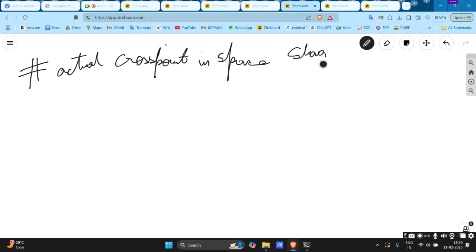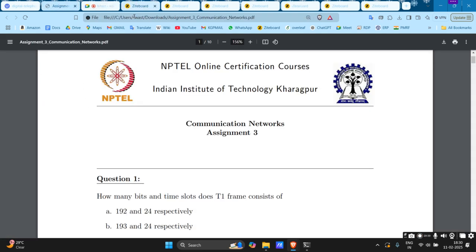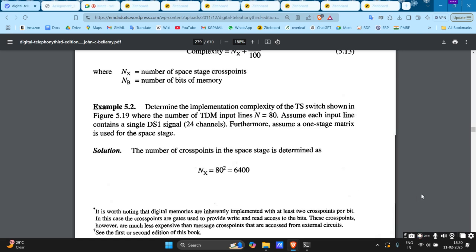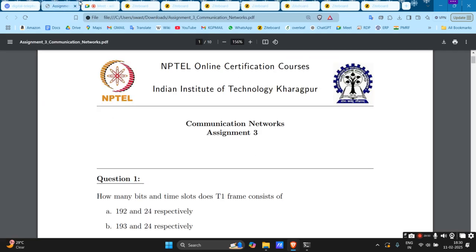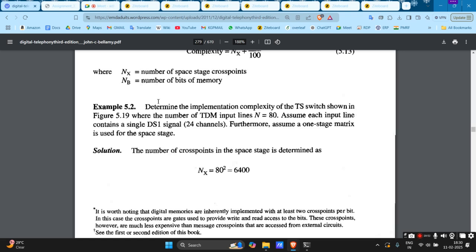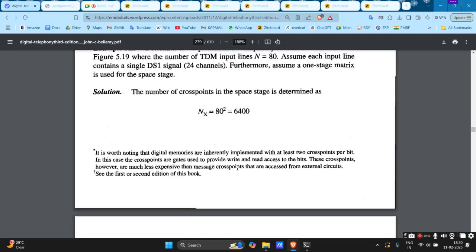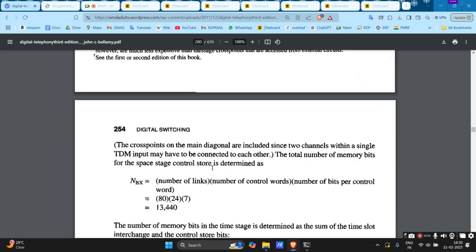So the number of cross points in the space stage is equal to 80, as there are 80 input lines. So it will just be 80 into 80. So it will have 6400 cross points. The cross points on the main diagonal are included.